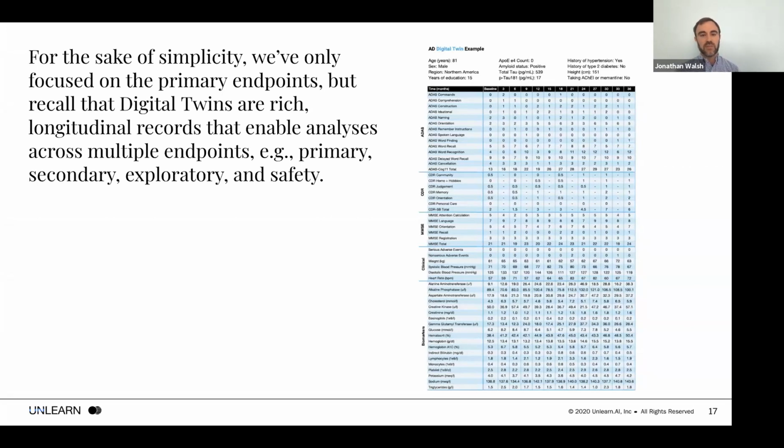So on the right, I've shown an example digital twin record from the previous webinar that shows endpoints for ADAS-Cog, CDR, MMSE, which is a common screening tool, clinical variables like vital signs or laboratory tests, as well as background information for subjects. We're only going to focus on primary endpoints here, but I want to show this as an example of the breadth that digital twins provide.